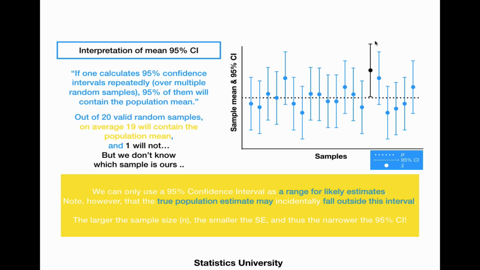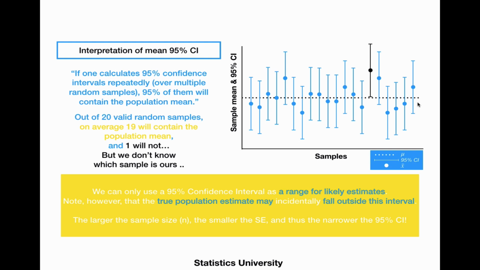And the problem with performing a study and looking at a 95% confidence interval is that we don't know which one of these studies we are. So that's the reason why we cannot say that we're 95% sure that the confidence interval that we have constructed contains the true population value.